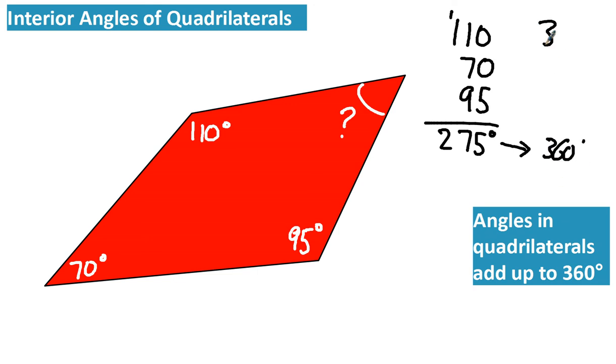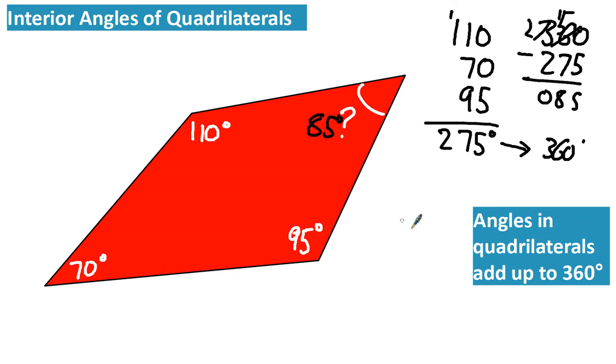A quicker way to do it will be to do a subtraction and do 360 take away 275. That's 85 degrees. So this angle here is 85 degrees. And we can check that that works by seeing whether they all add together to make 360, and they do.